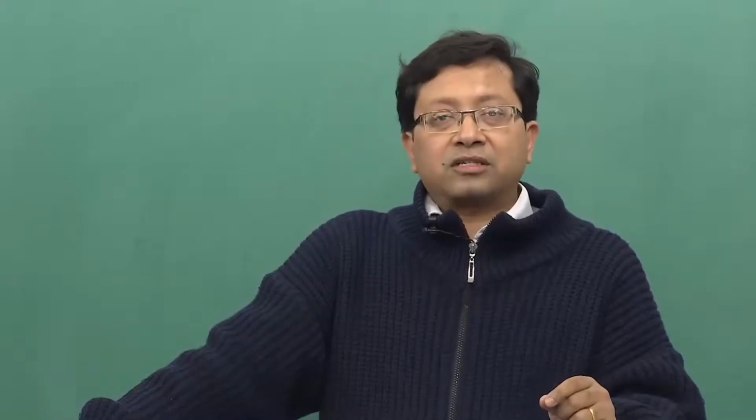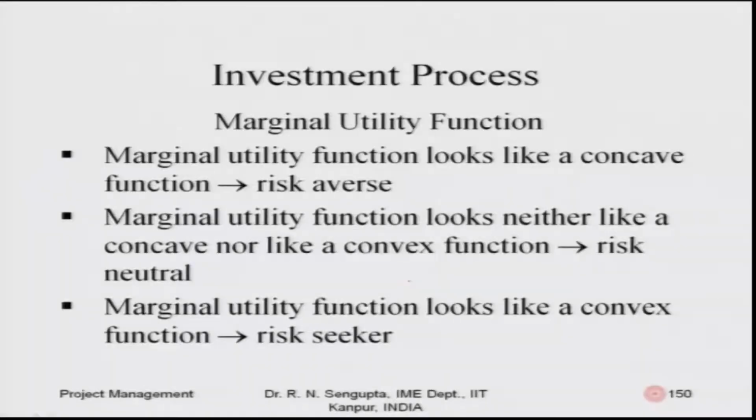Now let us go into the concept of marginal utility functions and what we mean by the marginal rates. The marginal utility function basically means the first derivative. If the marginal utility function looks like a concave function, it is a risk aversion property. If you go back to the last slide I just covered, which is slide 149, you will see the red one which is increasing.